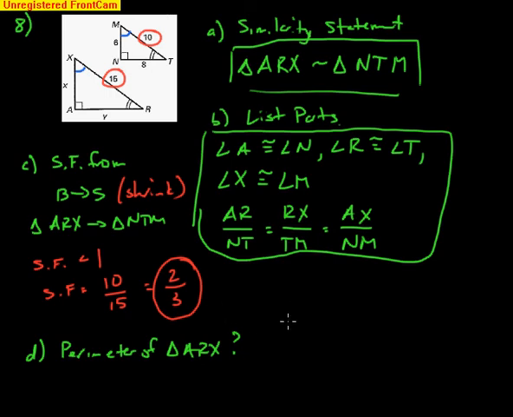So we'll set up this statement: perimeter of triangle ARX over. Now we need the perimeter of the other figure. Well, they give us all three sides. 6 and 8 is 14, and 10 is 24. Equals the ratio of a pair of corresponding sides. Well, ARX we know 15 over the corresponding sides from the other triangle, which is 10.